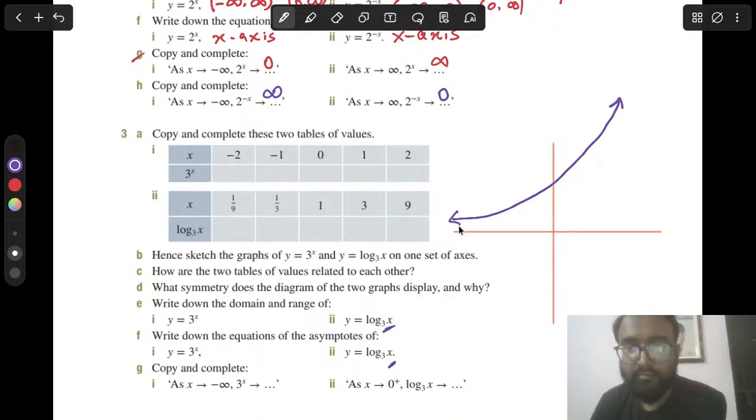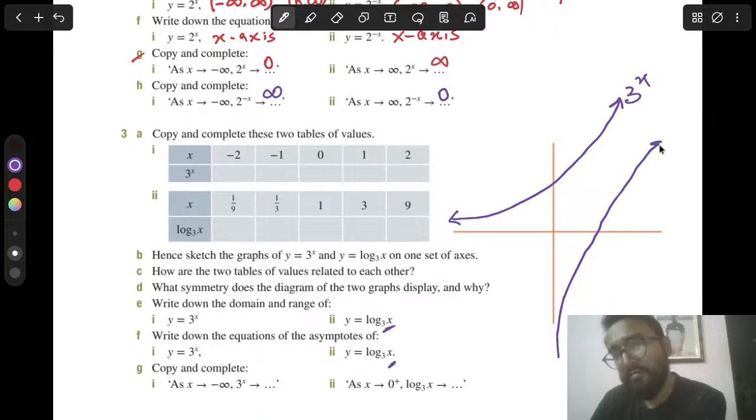We have to go for 3 power x. And this is a graph of log x base 3. Clear?